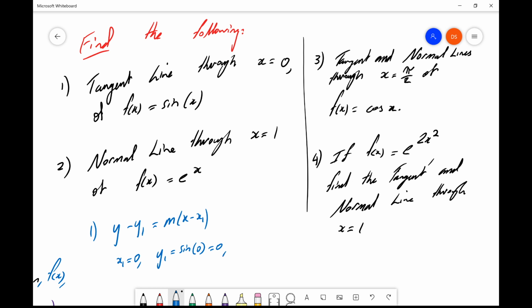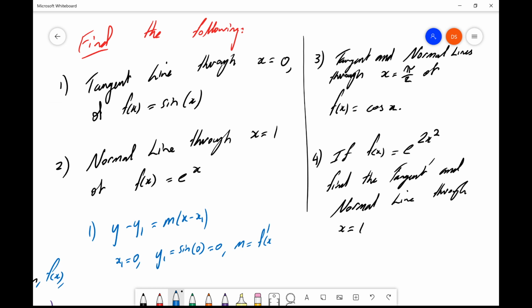But what is m? m is f dash of x1, which is f dash of 0, which is cosine of 0. Okay, because I'm assuming you know the derivative of sine is cosine.